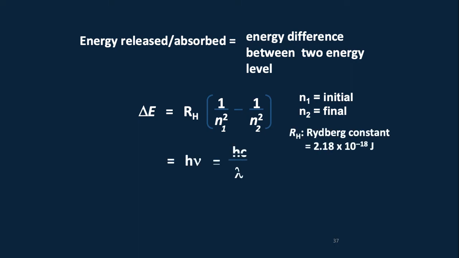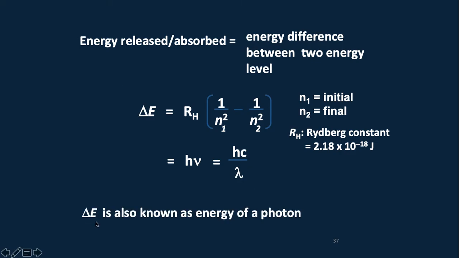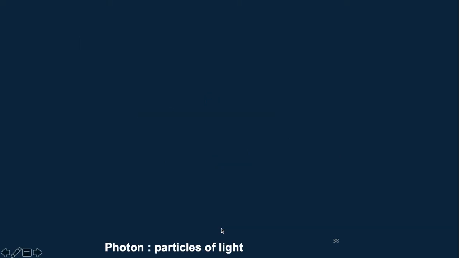RH is the Rydberg constant, and the change of energy is equal to Planck constant times the frequency, or Planck constant times the speed of light over the wavelength. The change in energy is also known as the energy of a photon.